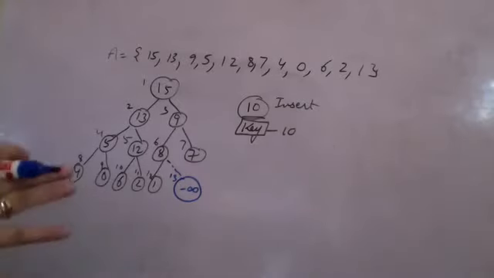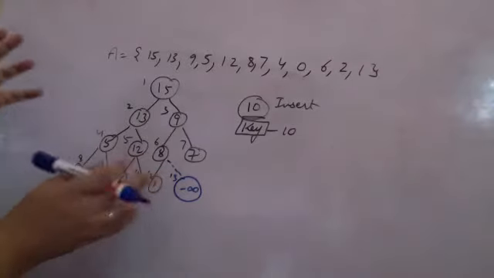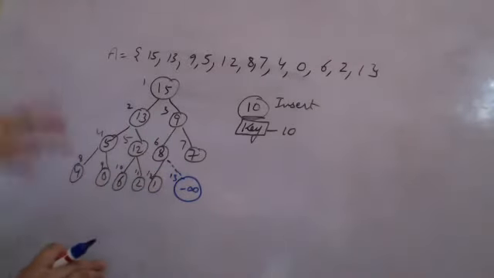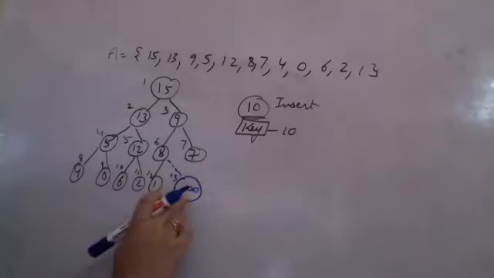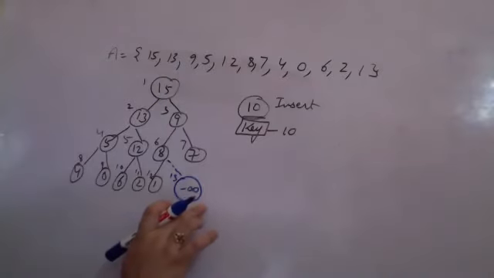What am I doing in heap increase key? I am putting the key in the correct position. How do I put the key in the correct position? We'll see. First of all I check that whatever the value is, this value should be less than A of i.